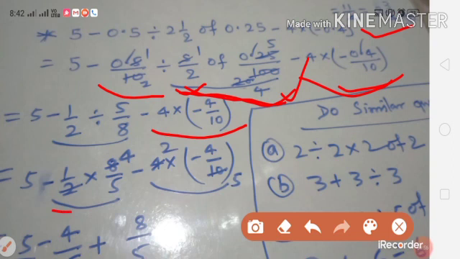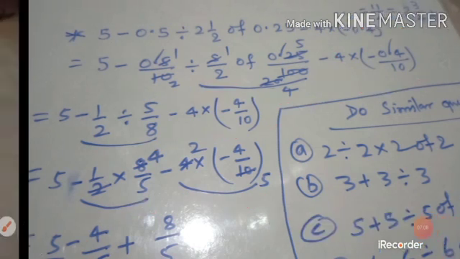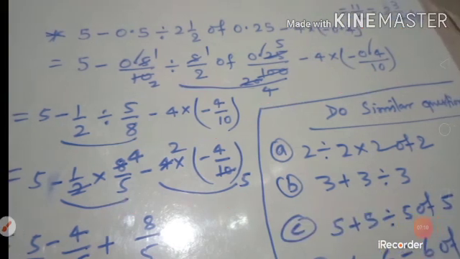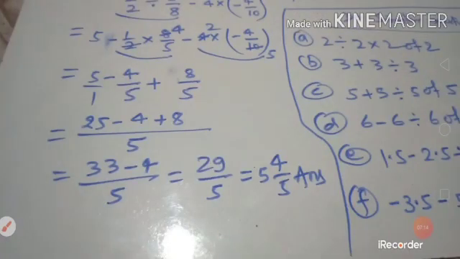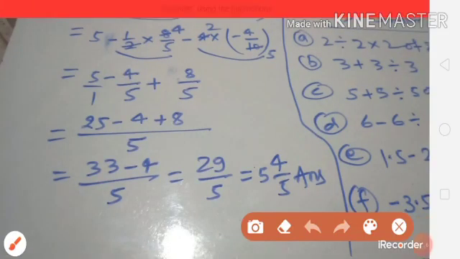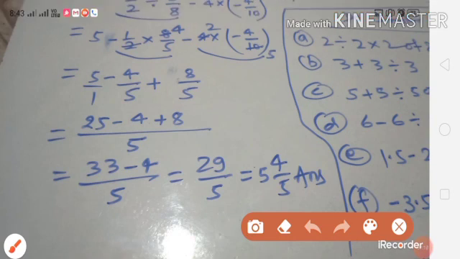First of all, change divide into multiply, and the inverse of 5 by 8 we can write 8 by 5, and do the function of multiplication. At last we find here 5 by 1 minus 4 by 5, and 8 by 5.